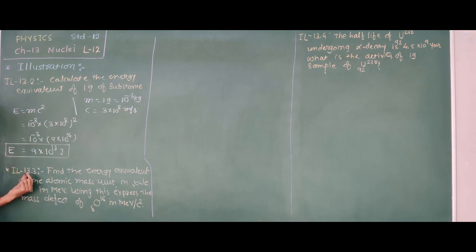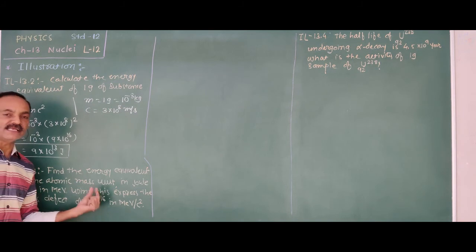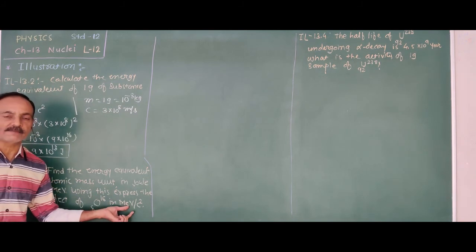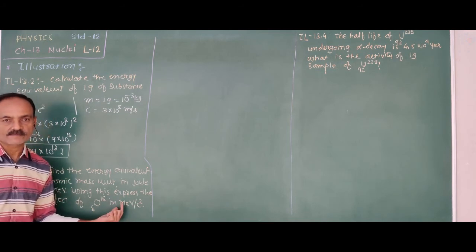Now 13.3. That is also important for 3 marks questions. Find the energy equivalent of 1 atomic mass unit in joule and also in MeV. Using this, express the mass defect of oxygen-16 in MeV per c squared. c is not coulomb here, keep in mind that; it is the velocity of light in vacuum.